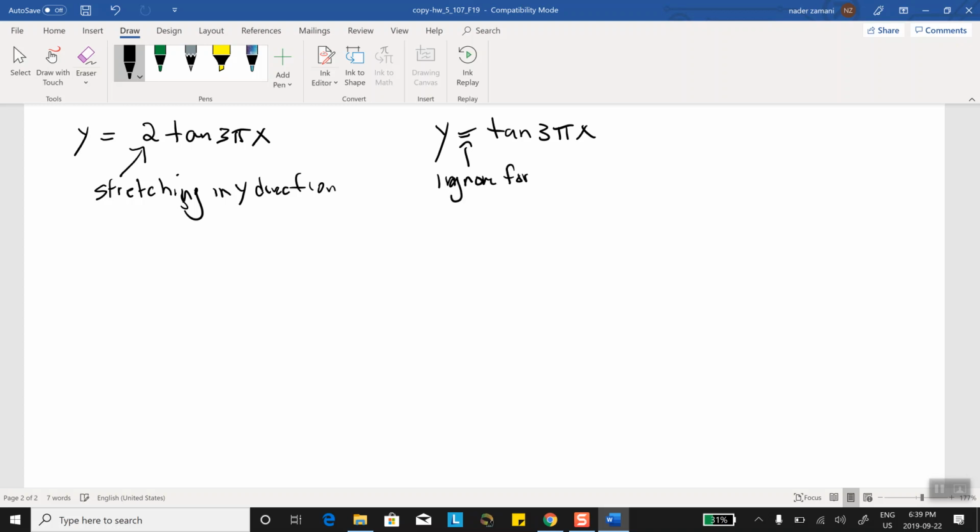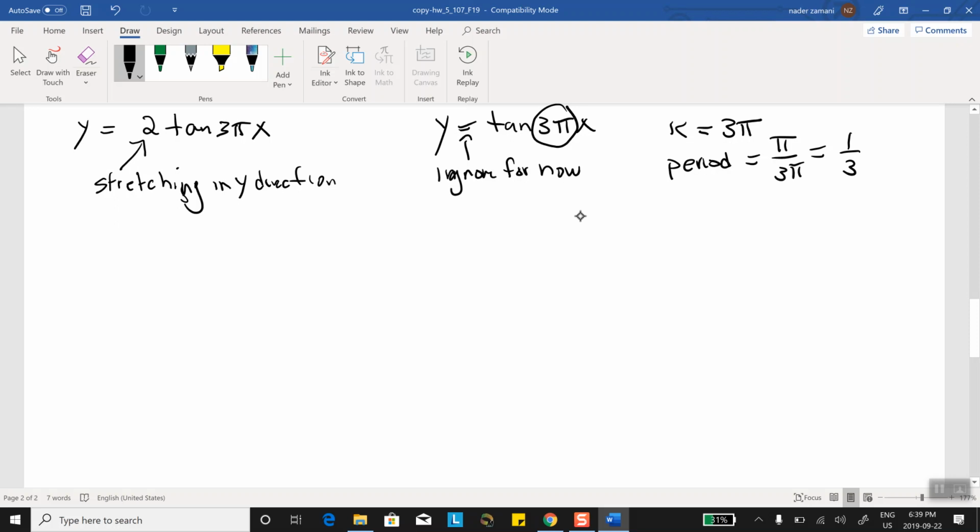When you look at this, this is what we call k, and k is equal to 3 pi. So the period of this function is pi over 3 pi, which is 1/3. So what that means is that I need to graph this in an interval of length 1/3.